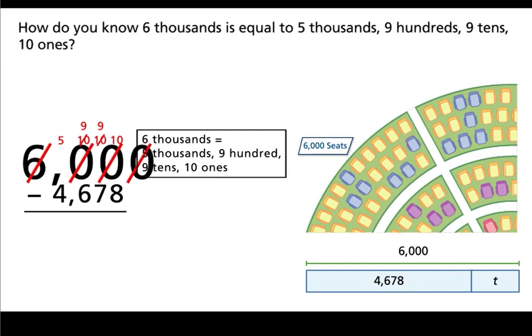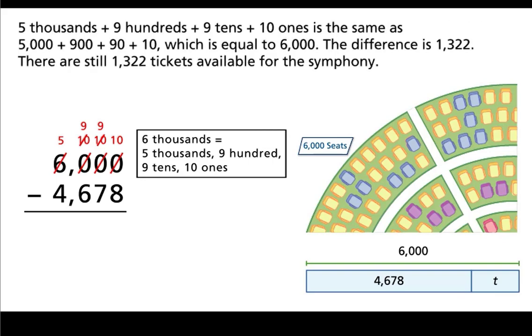How do you know 6 thousands is equal to 5 thousands, 9 hundreds, 9 tens, 10 ones? 5 thousands plus 9 hundreds plus 9 tens plus 10 ones is the same as 5,000 plus 900 plus 90 plus 10, which is equal to 6,000. The difference is 1,322. There are still 1,322 tickets available for the symphony.